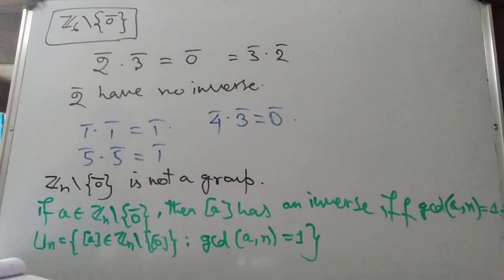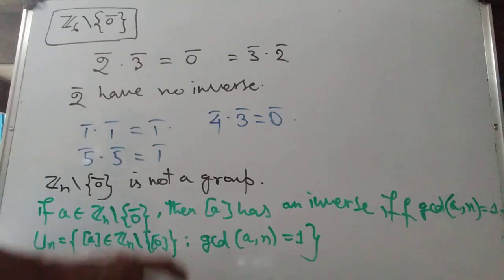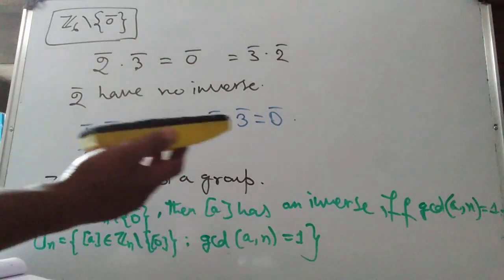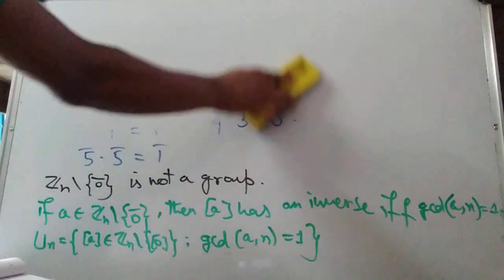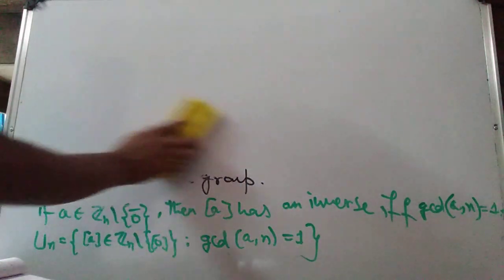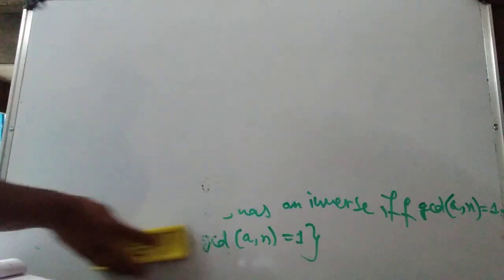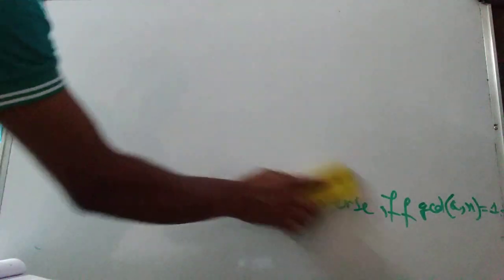So we also prove this one, since A has an inverse if GCD of A, n equal to 1. We now prove these topics. Un becomes a group, and obviously a commutative group with respect to multiplication modulo n.